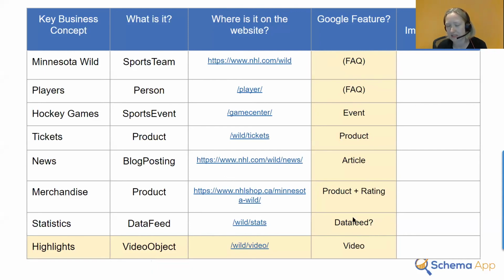We'd have to dig deeper to see if that's appropriate based on where that data is coming from. But even at this point, we're starting to identify opportunities, as we go through those features, to add additional content to the pages to help enrich what that search result might look like.